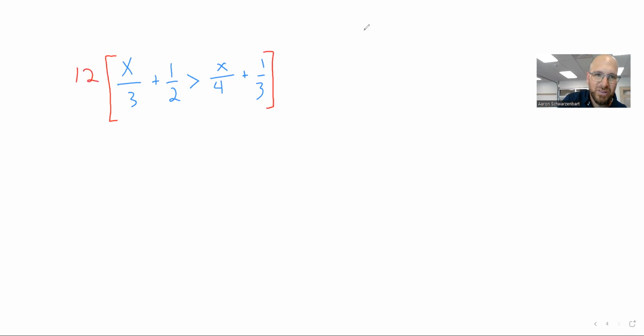That's 12. So I'm multiplying everything by 12. 12 times x over 3 is 4x. 12/3 reduces to 4. 12 times 1/2 is 6. 12 times x over 4 is 3x. And 12 times 1/3 is plus 4.